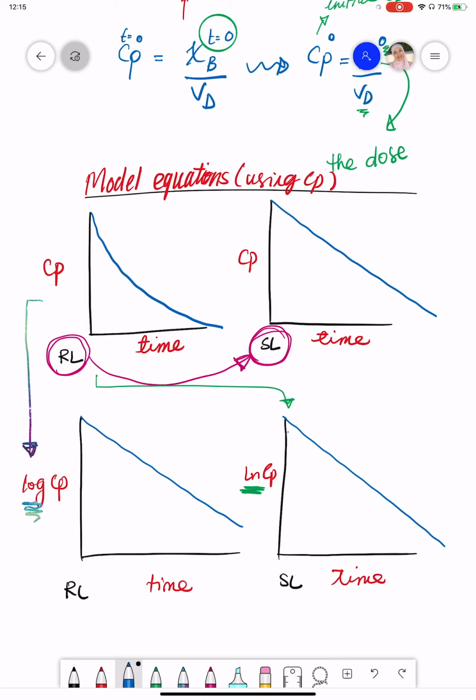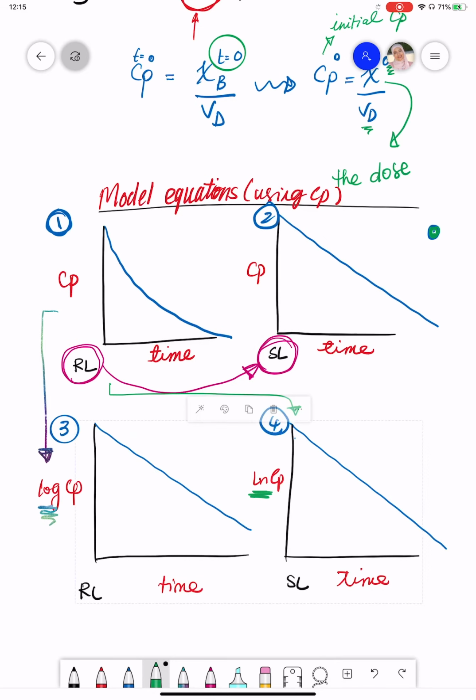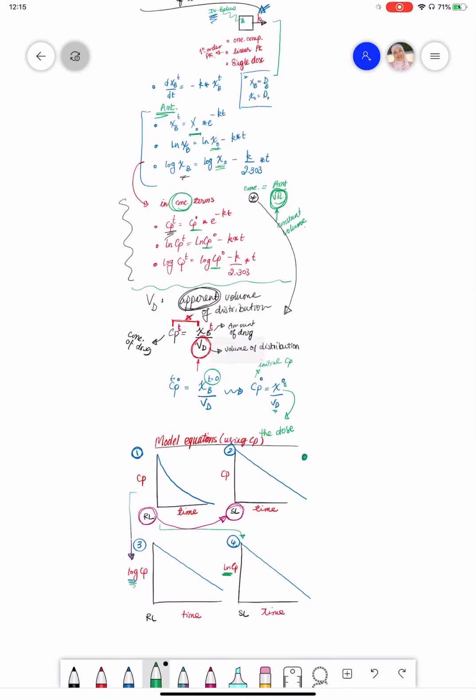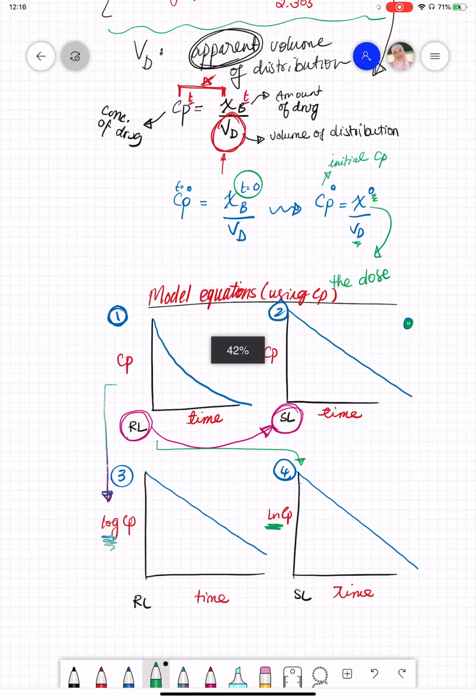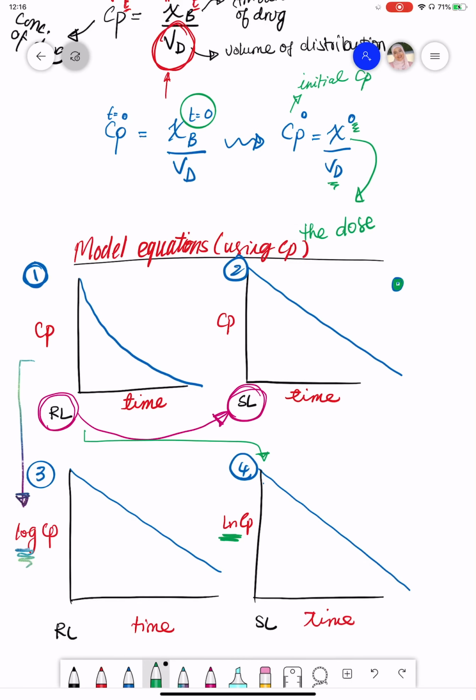Let's number them 1, 2, 3, and 4. The shapes of profiles number 2, 3, and 4 are the same as shapes. They are linear, okay?